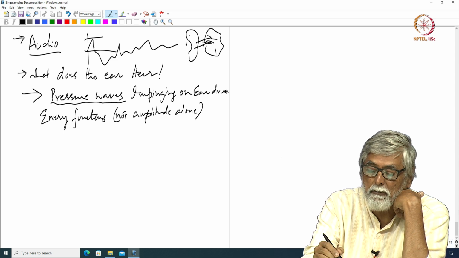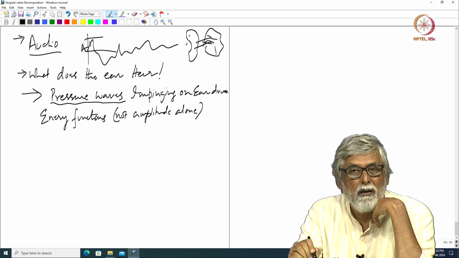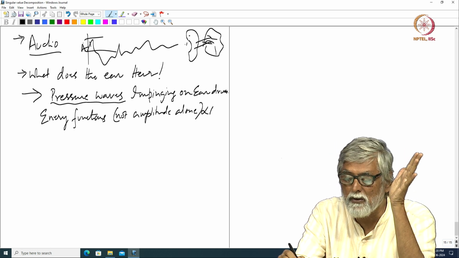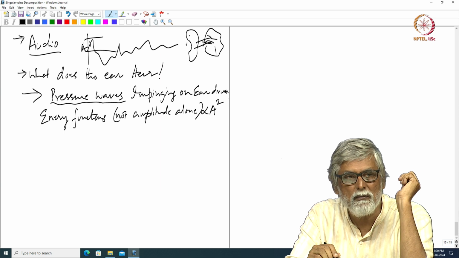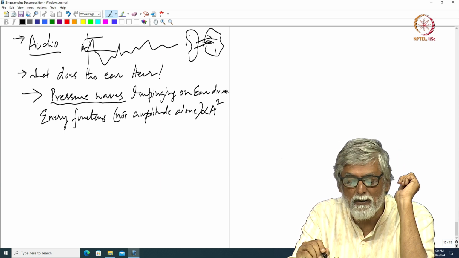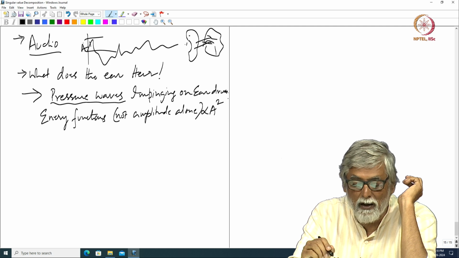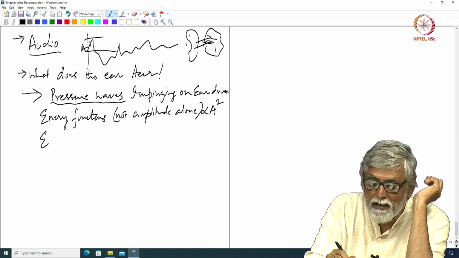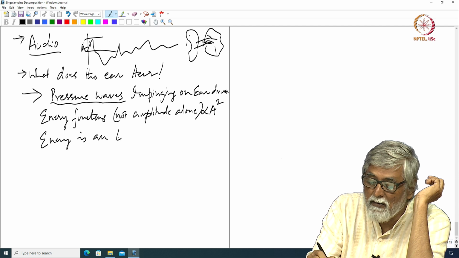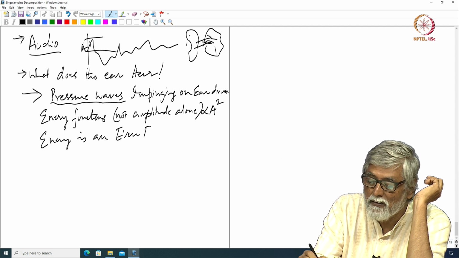Even though you have an amplitude here, let us say some magnitude A, what the ear perceives is proportional to the square of the amplitude. That is something to understand, because energy is an even function.